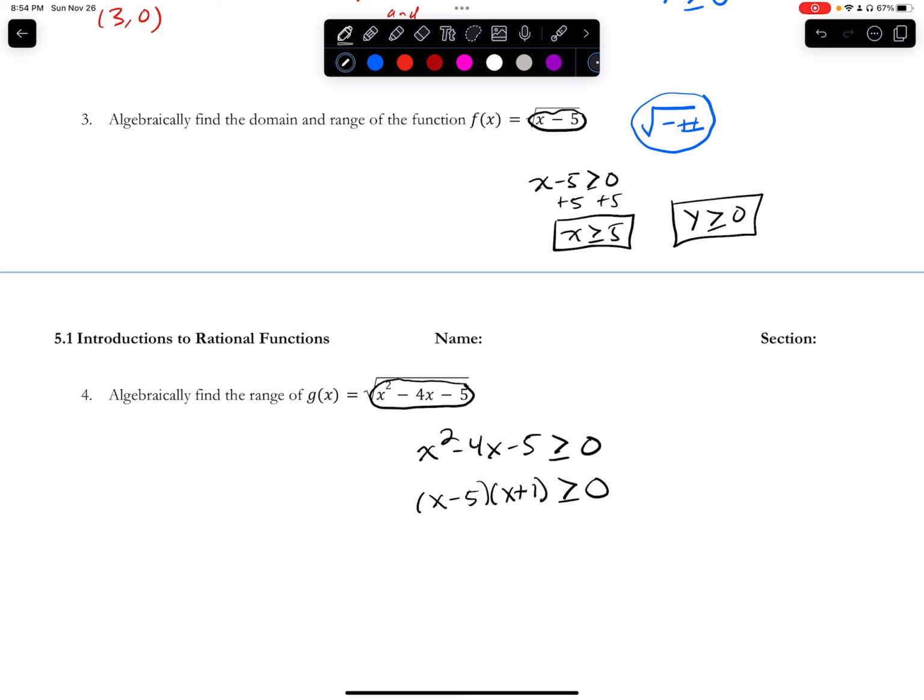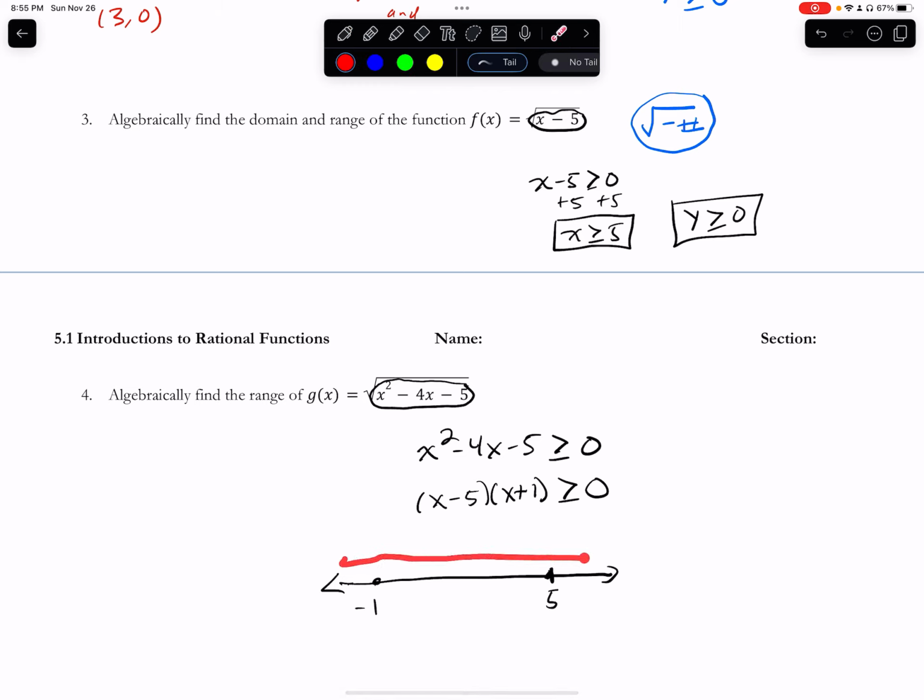Meaning that if we looked at a number line, we know that the number 5 is important because that's what makes this 0. And we also know that the number -1 is important because it's equal to 0. So now, if it's equal to 0, we need to check what happens along this number line.